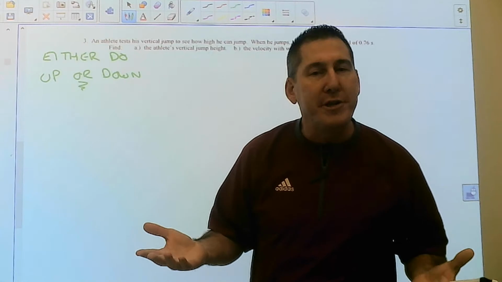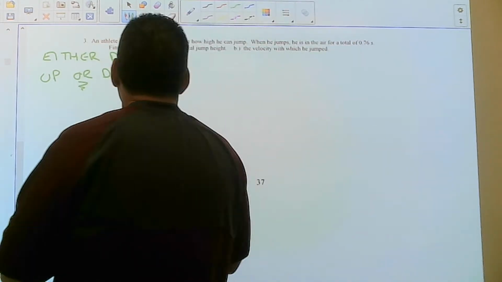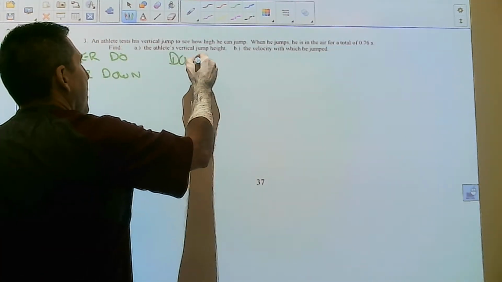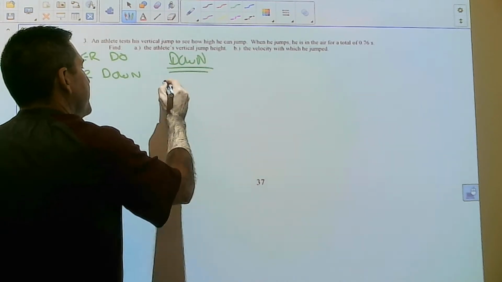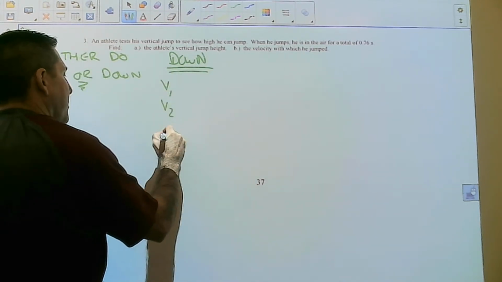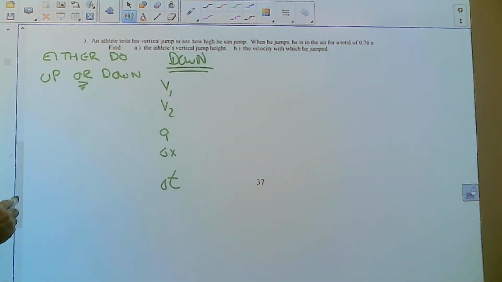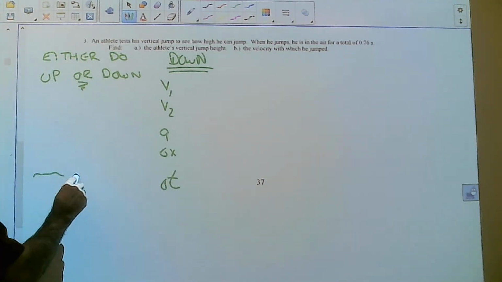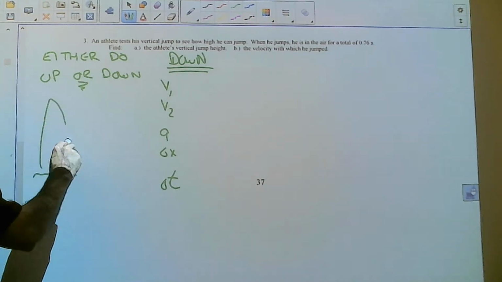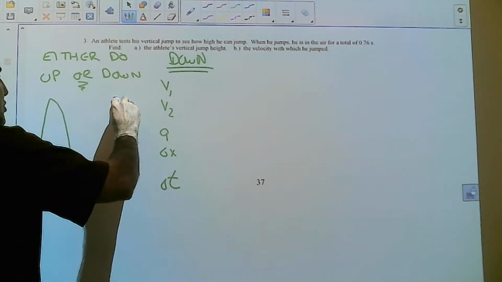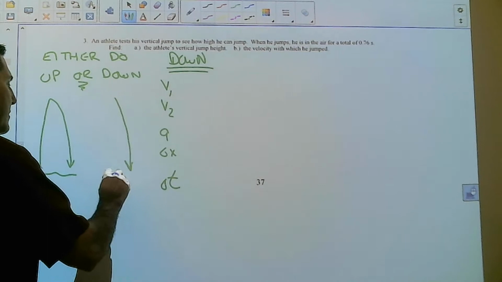Personally, I like to do the down, because if I do the down, and I list out my 5 variables, I'm saying that even though this thing is going up and coming down, we're just going to do the down part.